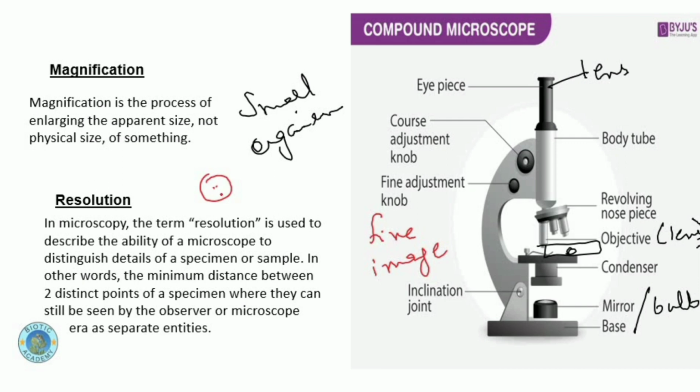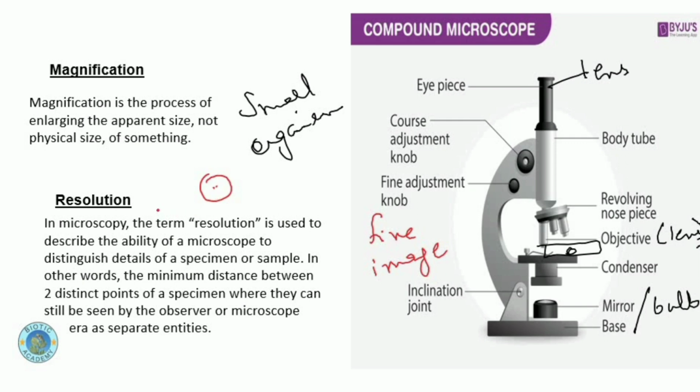The resolution of the eye will help you to see or understand the things which are very minute and not visible clearly, but under the microscope we can view these small structures, small details within the cells.